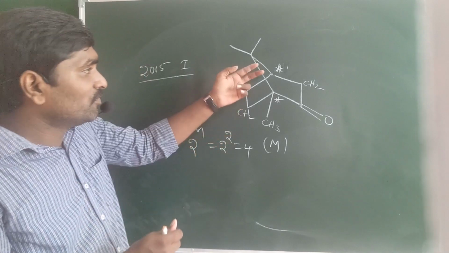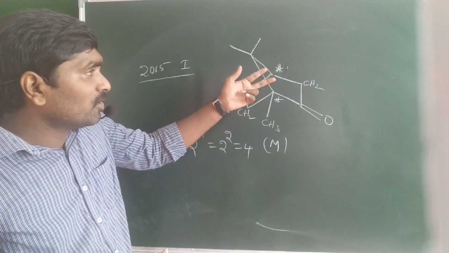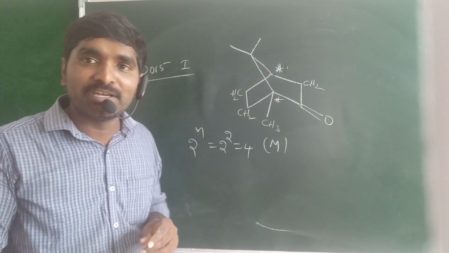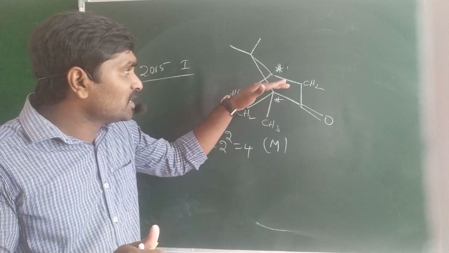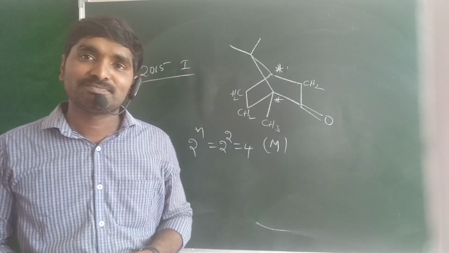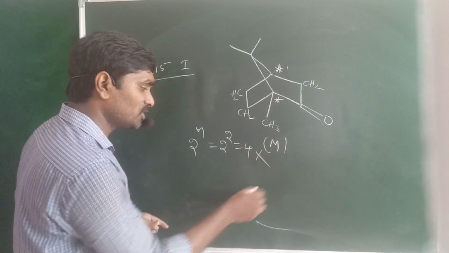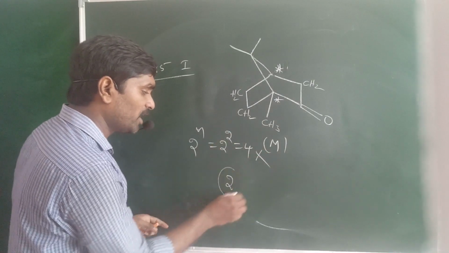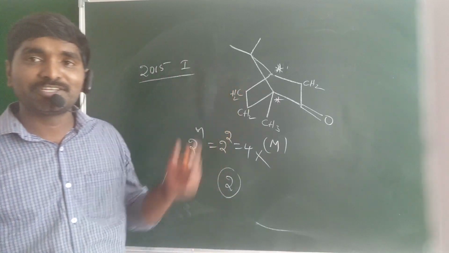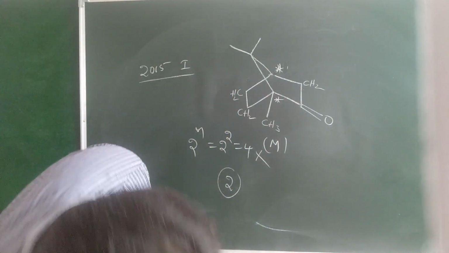Why? Because it is a bridgehead. When the molecule rotates like this, the bond would have to be broken. Hence, since it is a bridged molecule, we only have 2 isomers. So 4 is a wrong option, only 2. Why? Because there is no free rotation available for this molecule. Next one.